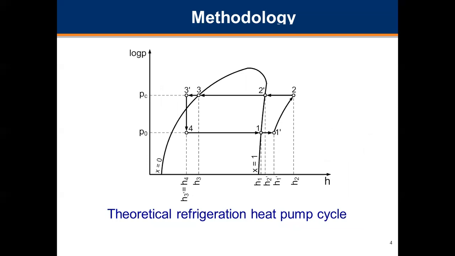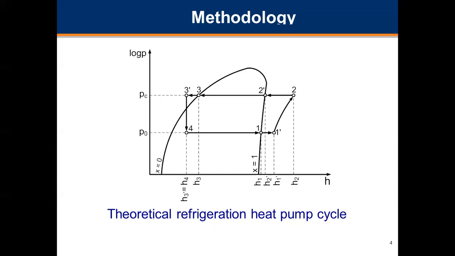The refrigeration cycles are built on the basis of measured temperatures and pressures of the refrigerant in the laboratory system. The vaporization pressure of the refrigerant is P0 and the condensation pressure is Pc. The processes realized in the theoretical refrigeration cycle are used.